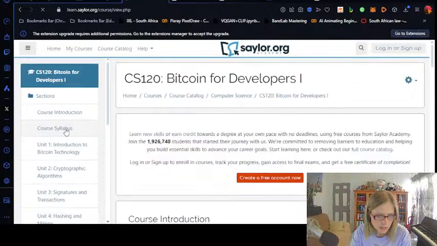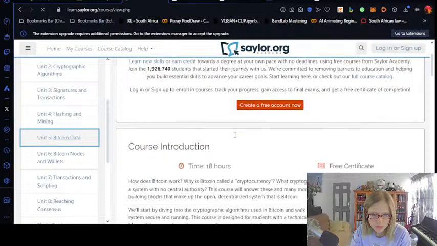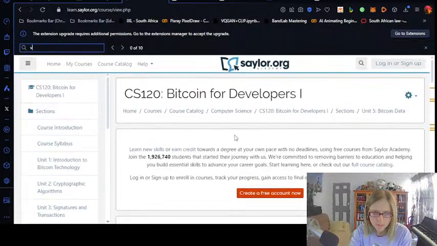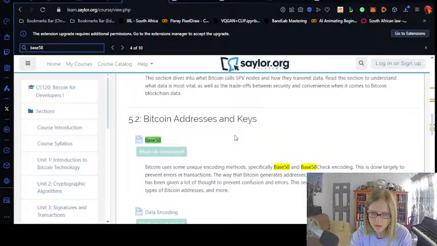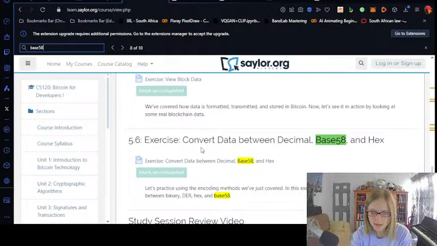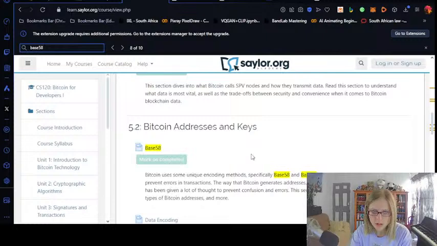That's not what I was looking for. Let's go to Unit 5. Bitcoin addresses and keys. So we're not going to look at converting. We're just going to look at Bitcoin addresses and keys.